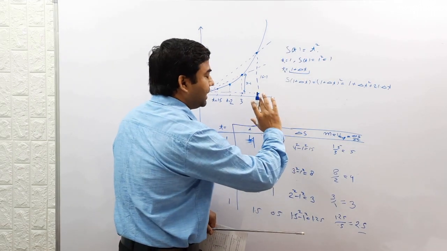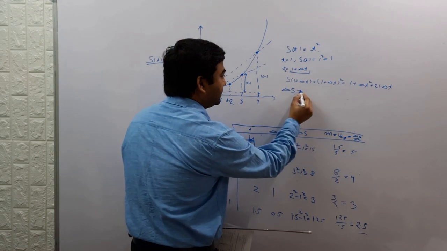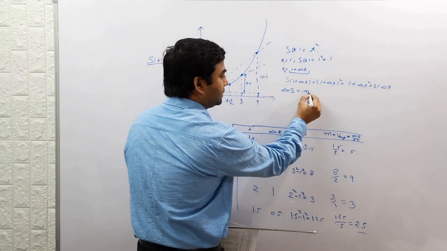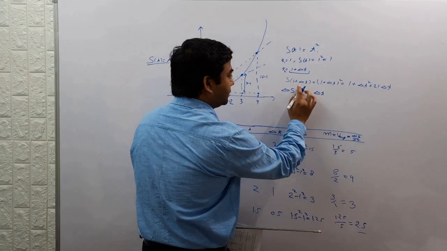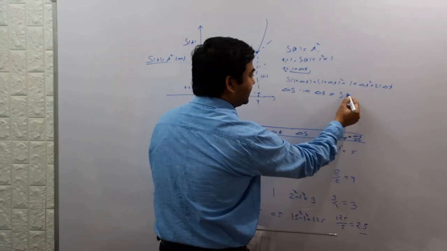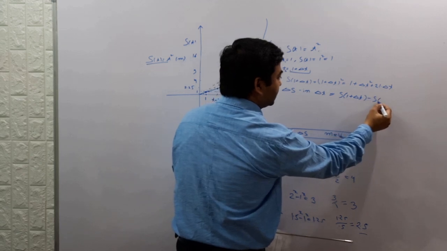So delta s, displacement covered in delta t time, will be s(1 plus delta t) minus s(1).